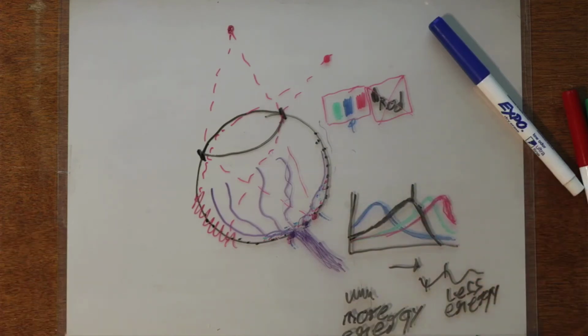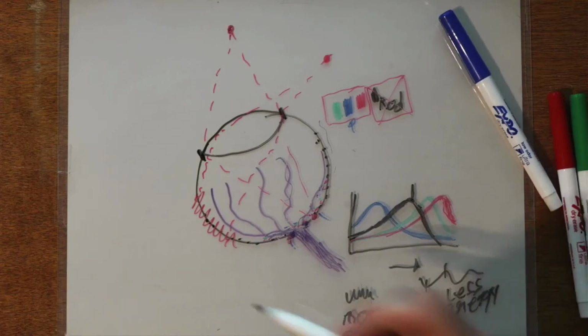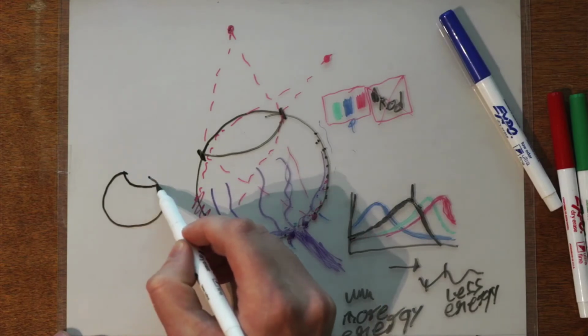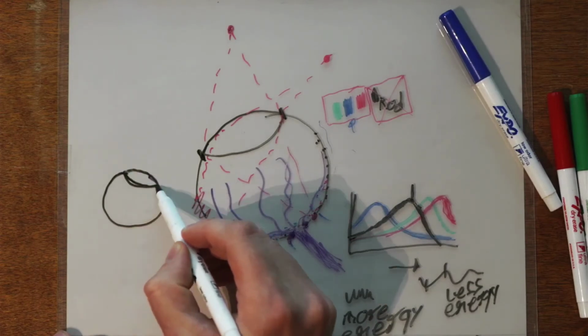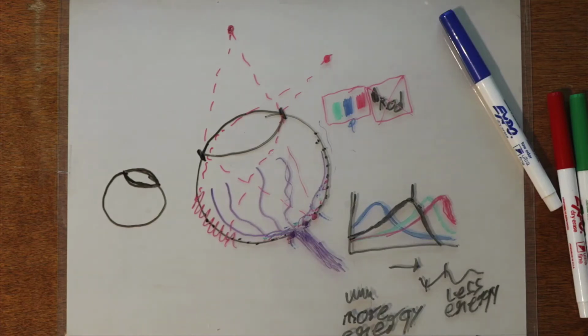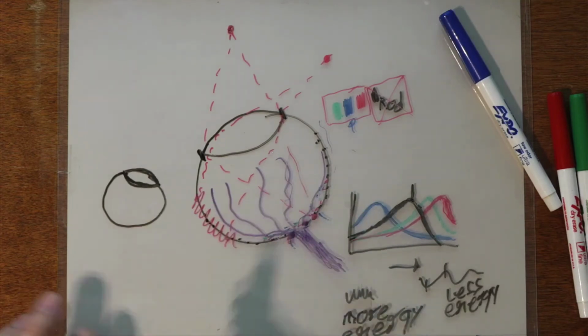Now, the cool thing, which I find absolutely fascinating, is that the eye of a squid or octopus, anything in that family or lineage of creature, looks exactly like ours. I mean, almost identical. Their pupil shape is pretty weird, but we're not going to get into that because that's a whole other thing.